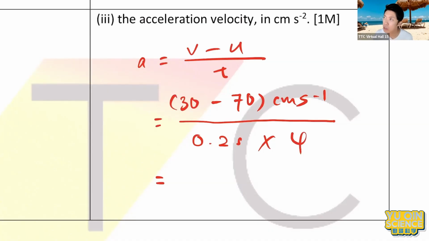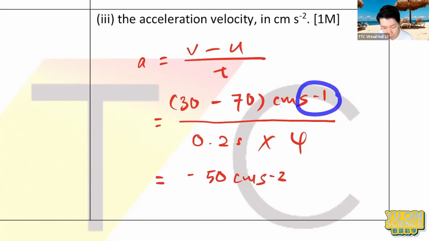30 minus 70. 50. 0.2, 0.8. Okay, cool. Negative 50 cm/s, divided by 0.2 ... minus 2, because this is already s^-1, so you divide by second one more time, so cm/s per second.